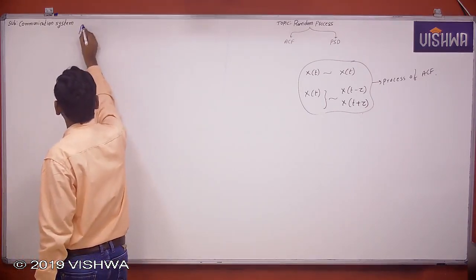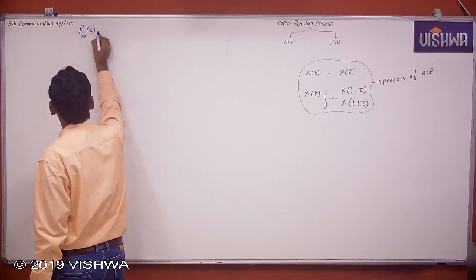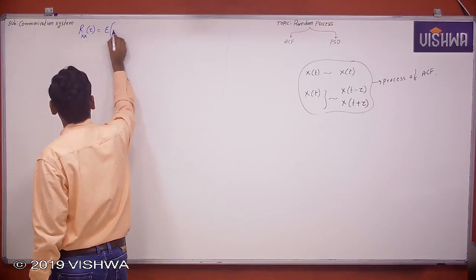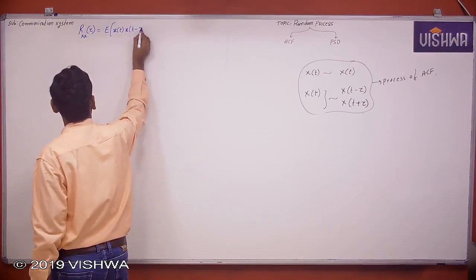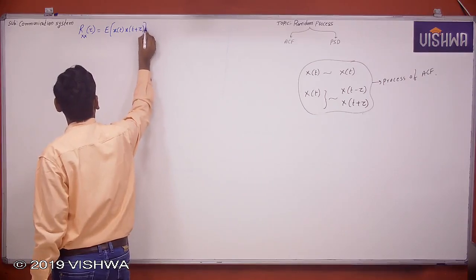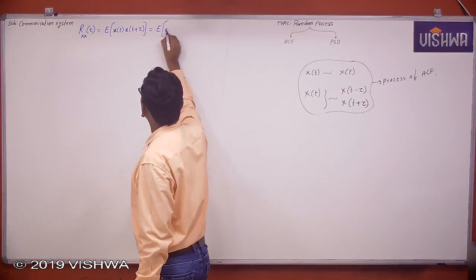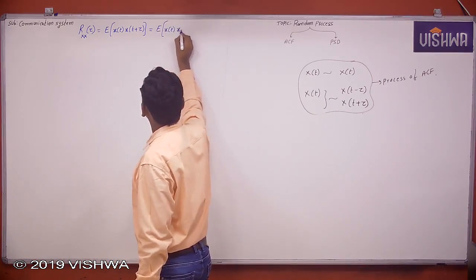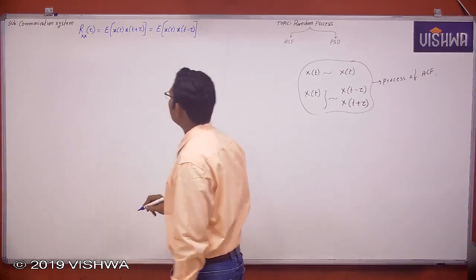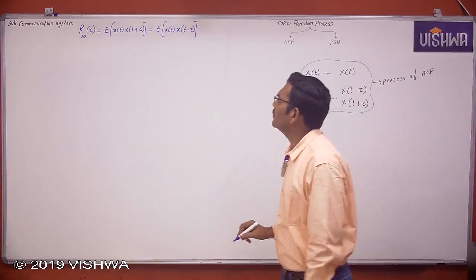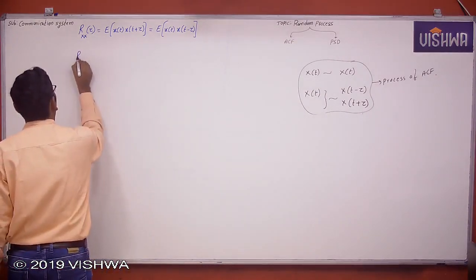Now the autocorrelation function is represented by Rxx of tau, for a random process x of t. Compare the same random process with an advanced version or a delayed version, x of t minus tau.